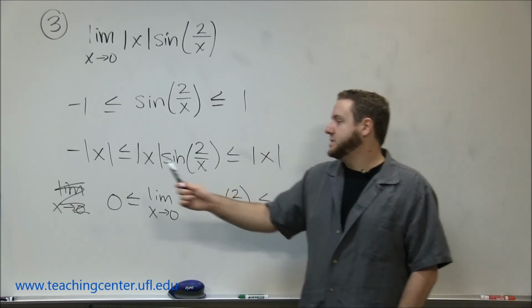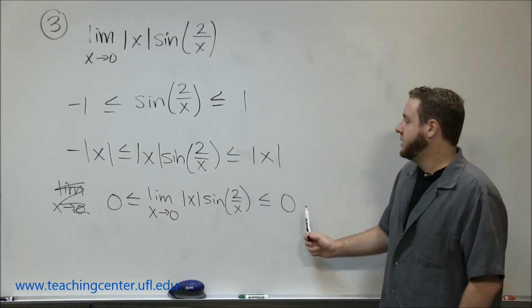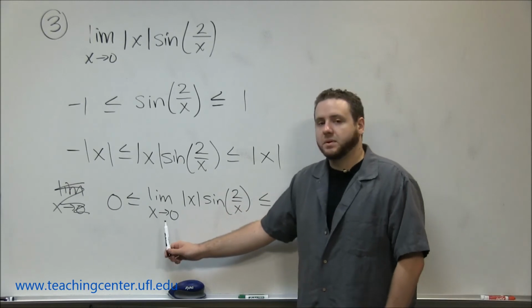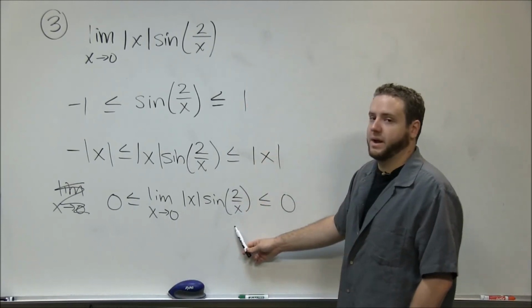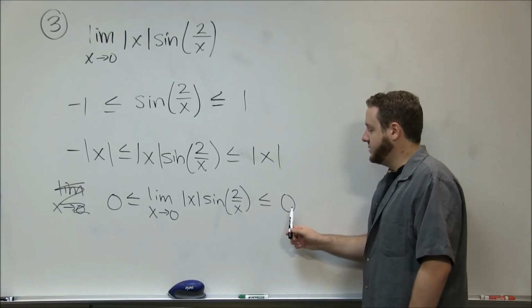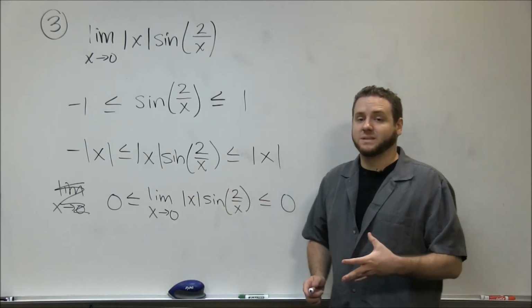So the limit as x approaches 0 of this is 0, and the limit as x approaches 0 of this is 0. So that tells us that the limit as x approaches 0 of our main function, absolute value of x sine of 2 over x, has to be less than or equal to 0 and also greater than or equal to 0. And if that's the case, then that means it's equal to 0.